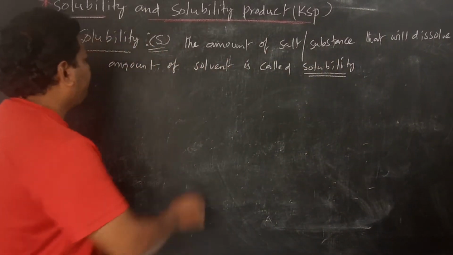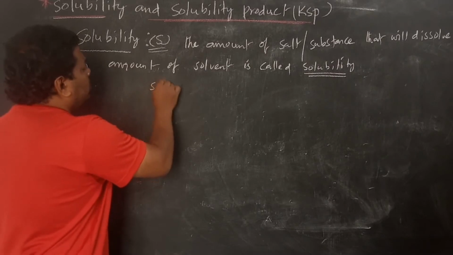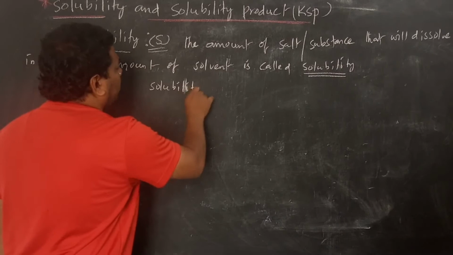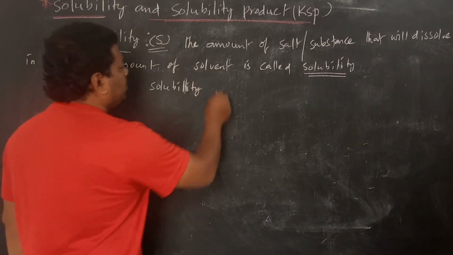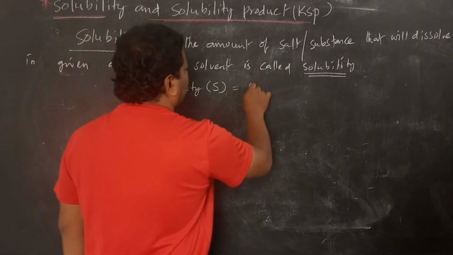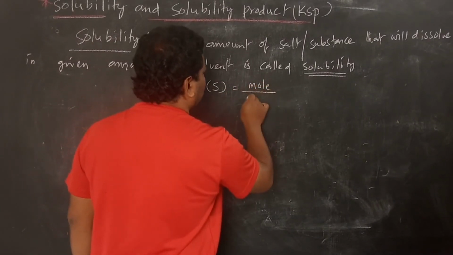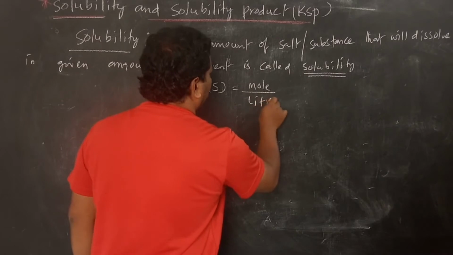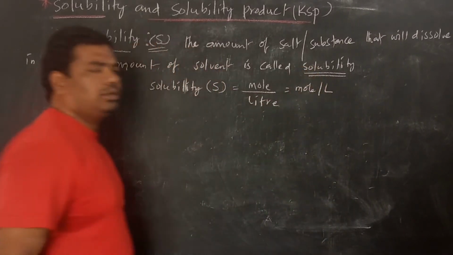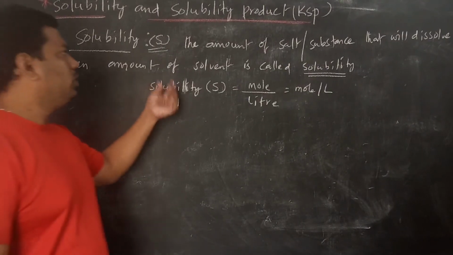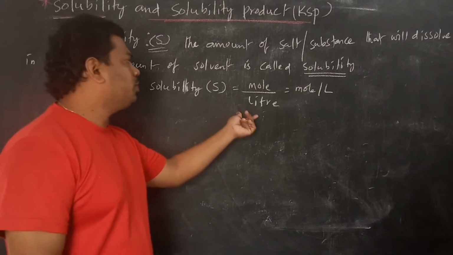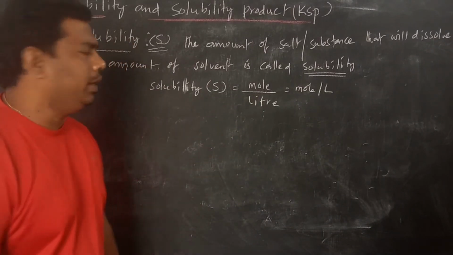Generally, we express solubility with the letter S. S is equal to moles per liter is the unit. So the amount of salt dissolved in solvent we can express in terms of moles per liter.